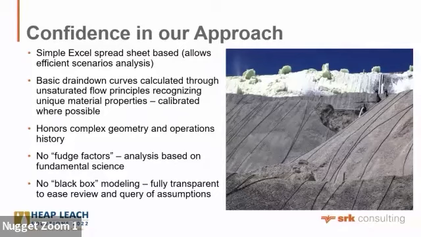And perhaps equally important, there's no fudge factor in here. There's simple arithmetic. We took all the inputs, we calculated all the math, we applied the drain-down curves. We did the best we could with the drain-down curves themselves. We have a pretty good body of knowledge, I guess, to quantify unsaturated flow that was applied here.